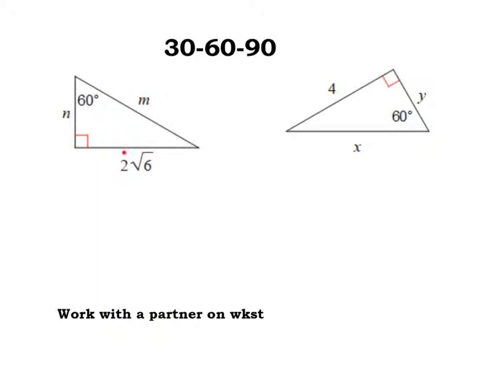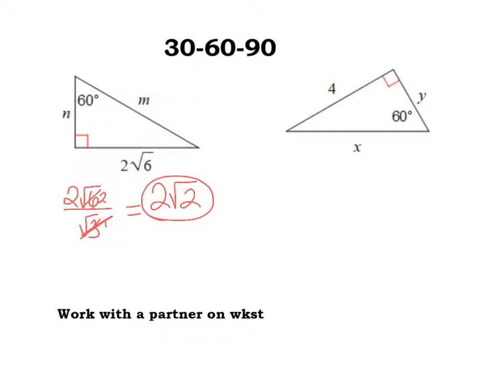So if I want to go smaller, which I always want to get back to the short leg, I have to divide. And what do you have to divide by? Root 3. And this is going to conveniently divide nicely because 6/3 can reduce to 2 over 1. And a 1 we just ignore. This is going to end up a 2, and then that root 2 is still going to stay there.